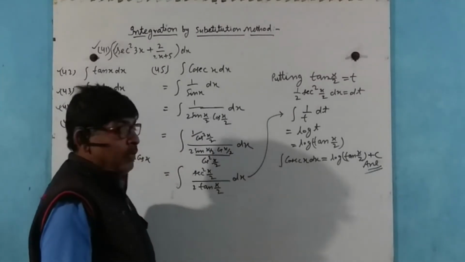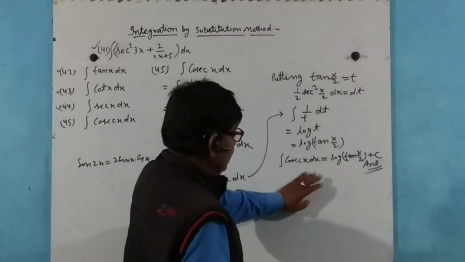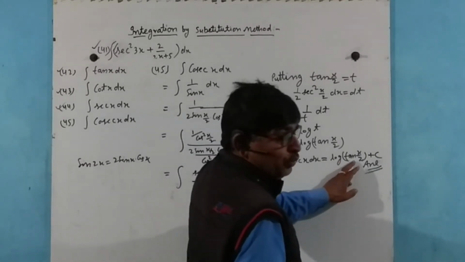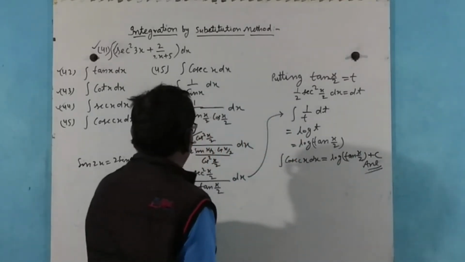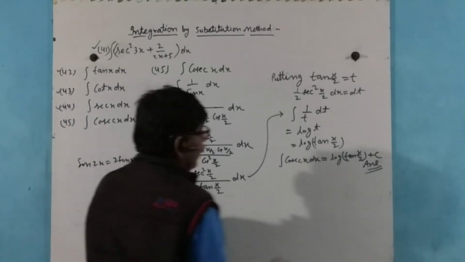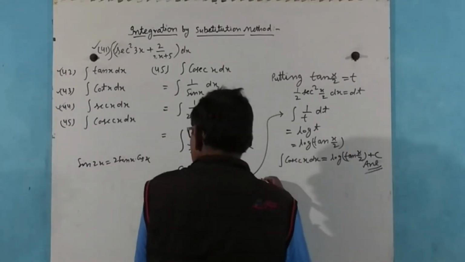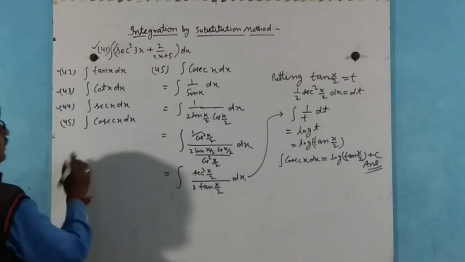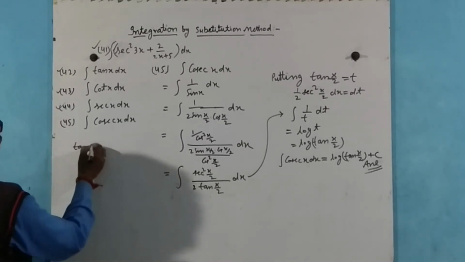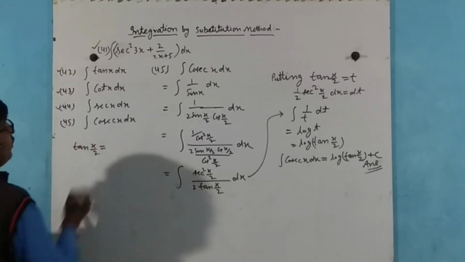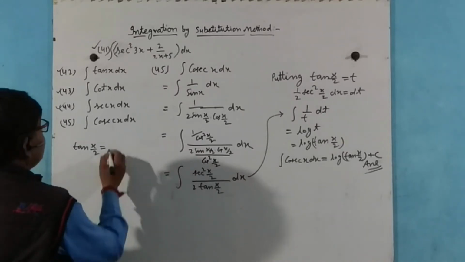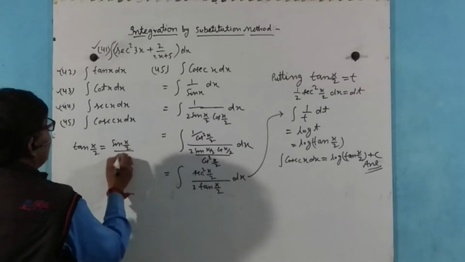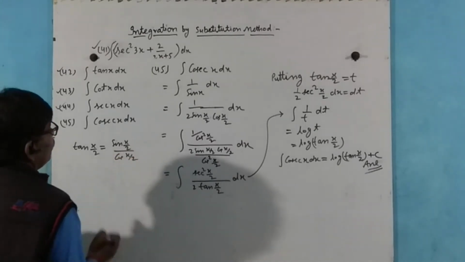Now we write this formula in another form, converting tan x by 2. Tan x by 2 can be written as sin x by 2 divided by cos x by 2.